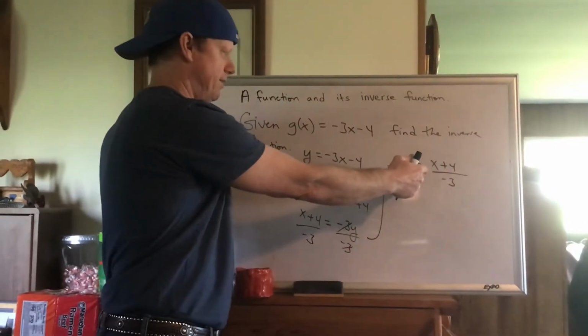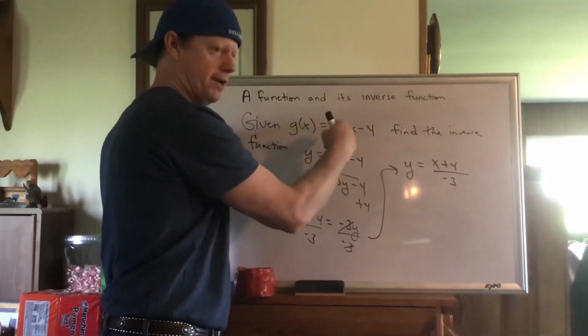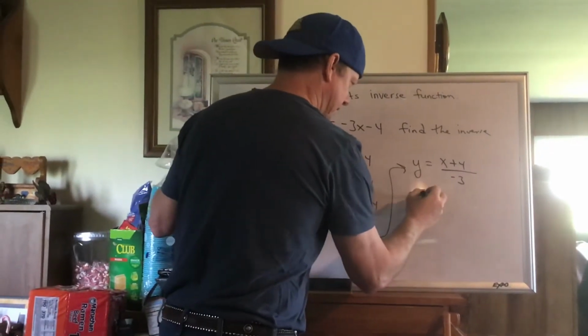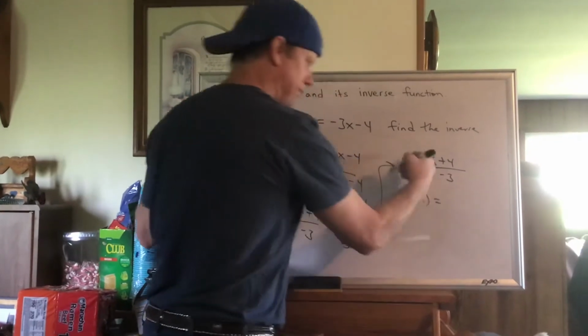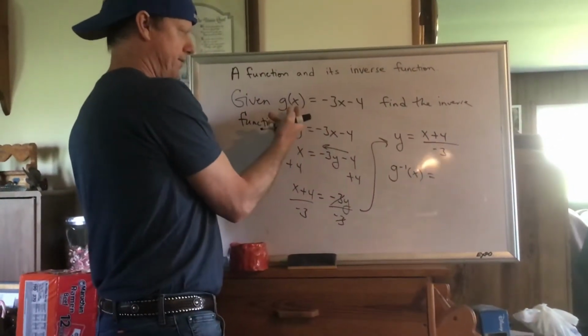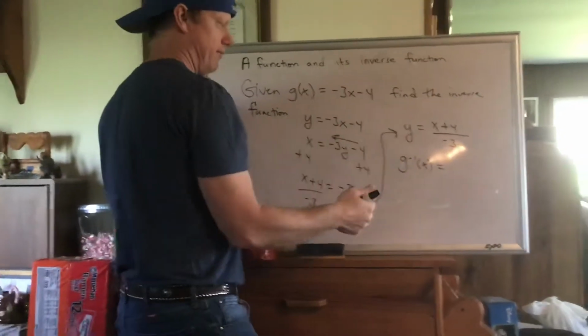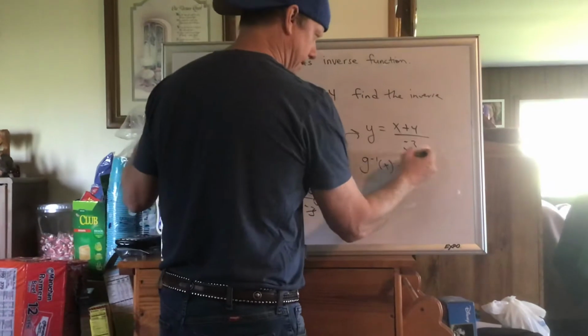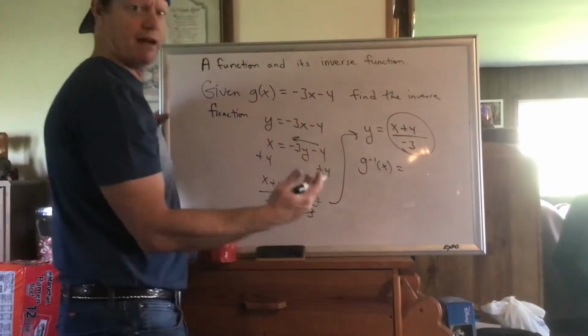And so my function was g, so how do I label the inverse function? I'm going to write g^-1(x). So you replace the y with g^-1(x), or if your function was f(x), of course it'd be f^-1(x), and so forth. And (x + 4)/-3 can be written like that, of course. You can just leave it like that verbatim.